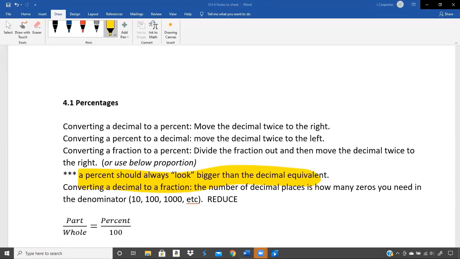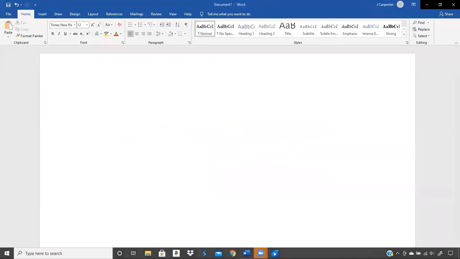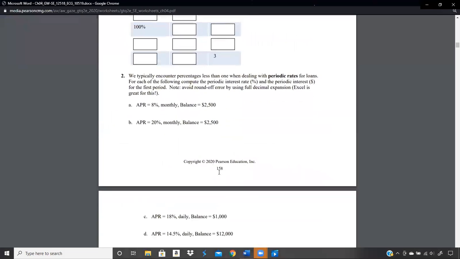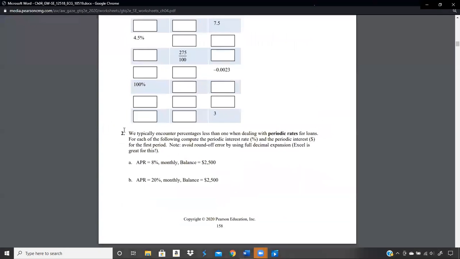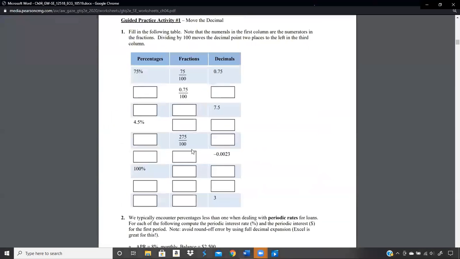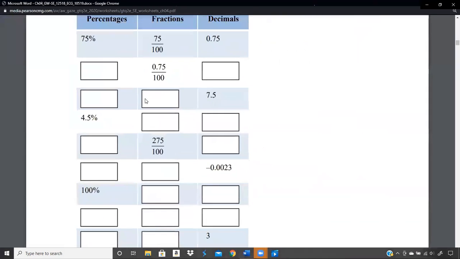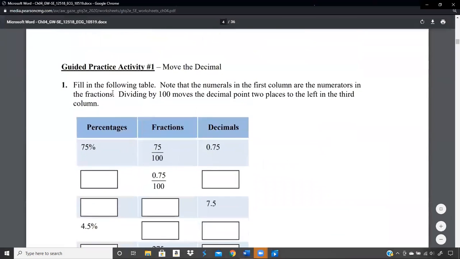So again, what I would like y'all to work on at first, where did it go, is this guided activity from page 158. So we started doing number 2 in class, but we're going back to number 1. We're just going to fill in the table. Notice that the numerals in the first column are the numerators in the fractions.